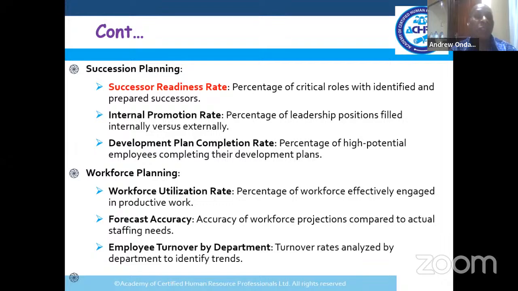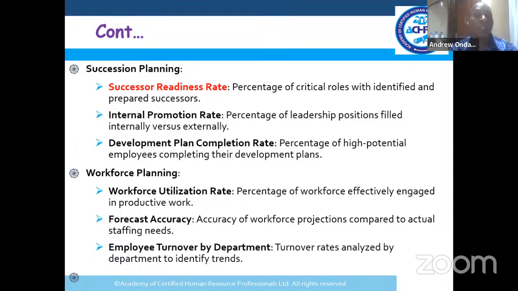The other aspect we look at is workforce planning. In other quarters, they call this human resource planning. In human resource planning, we want to prepare strategies or initiatives that will help to achieve the corporate objectives.